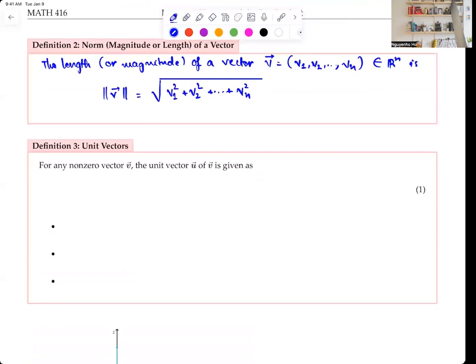Now for the unit vector, we wrote that formula earlier, but it doesn't hurt to rewrite it here. For any non-zero vector v, the unit vector u of v is given as u equal to vector v divided by the norm of the vector v. That's how you find a unit vector.